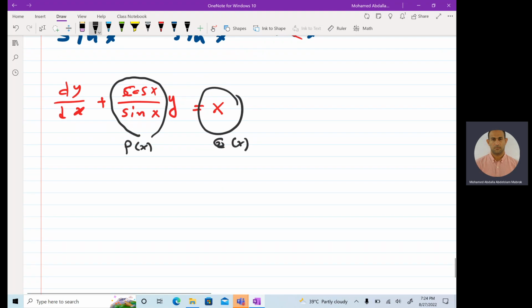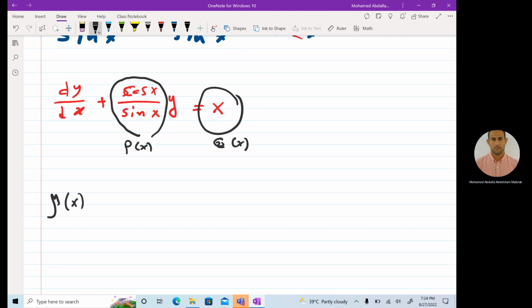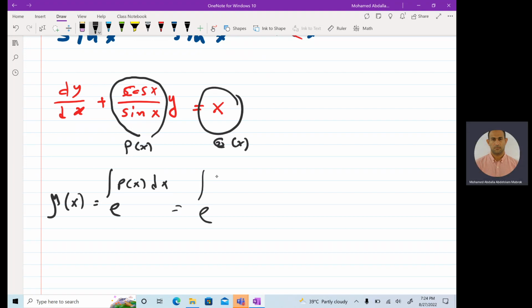So now let's find the mu. It's equal to e to the power integrating p of x dx, which is equal to e to the power integrating cosine x over sine x dx. Well, how to integrate that?